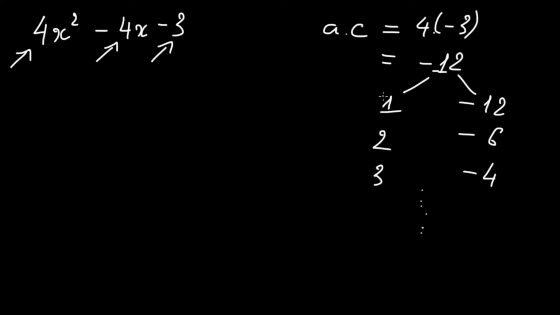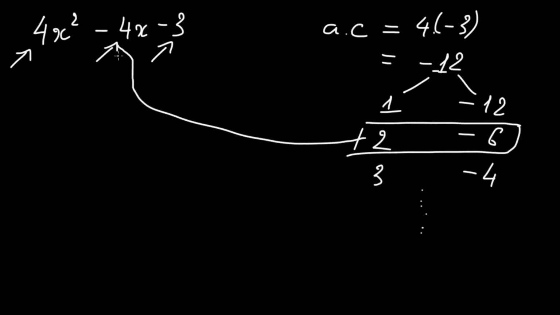You see 1 added to negative 12, you get negative 11. We don't take it, right? And then 2 added to negative 6, you get negative 4 right here, which is b, right? So we choose this set.